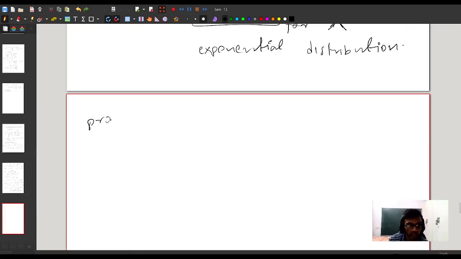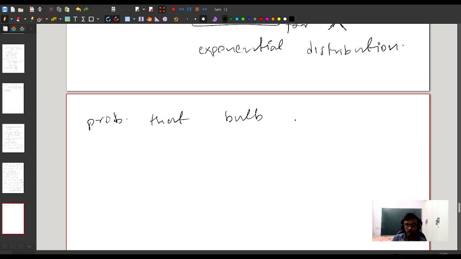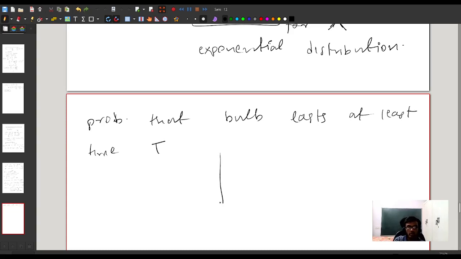So the probability that the bulb lasts at least time t. If you look at this probability distribution, it looks like this. It decays exponentially.